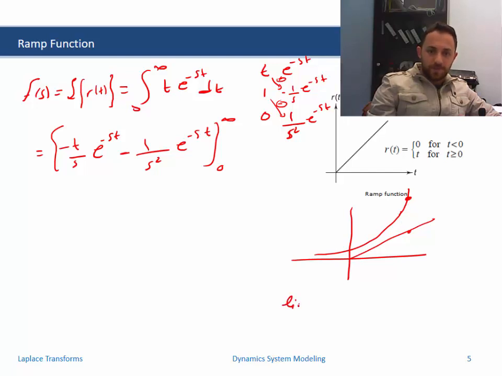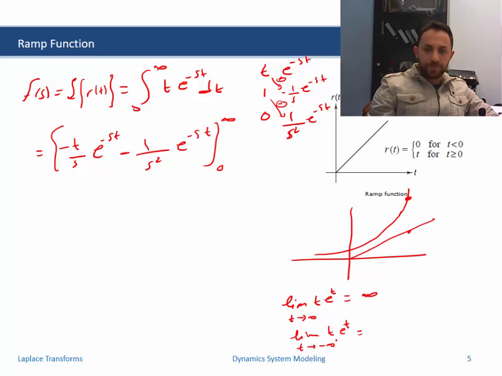So the limit as t tends to infinity of t e power t, it is equal to, I can ignore t. Why? t is a constant, some number, while e power t is reaching the infinity. This is still some constant number. Alright? So the limit as t tends to infinity is e power infinity, which is equal to infinity. The limit as t tends to infinity of t e power minus t.